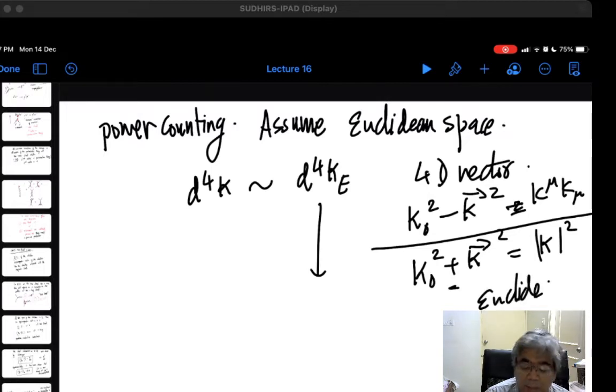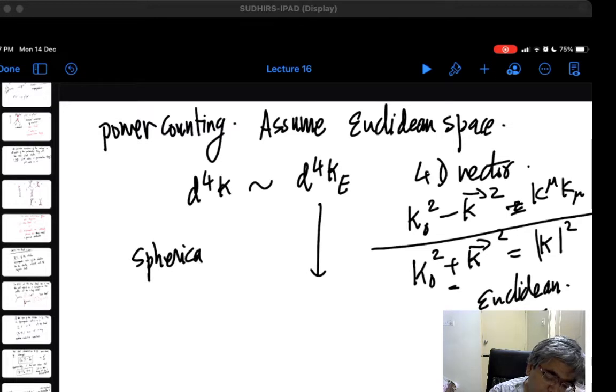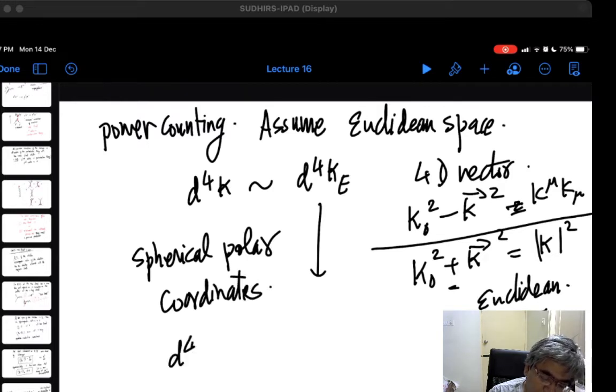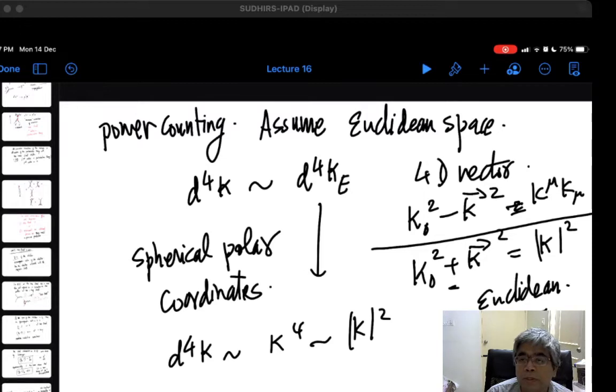So let's just say that this is true. If this is the case, then I can just use spherical polar coordinates, and say that d power 4 k goes as k power 4.